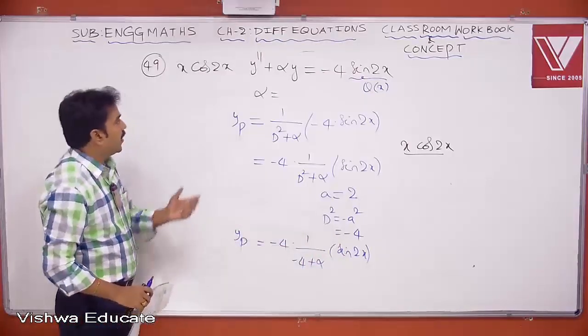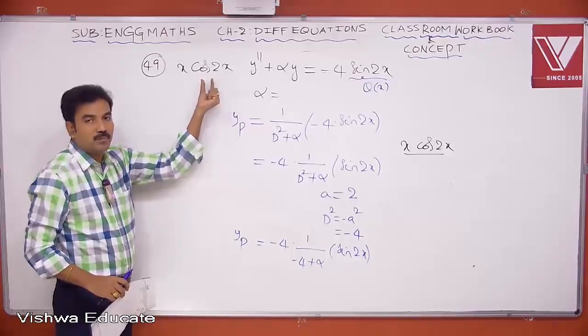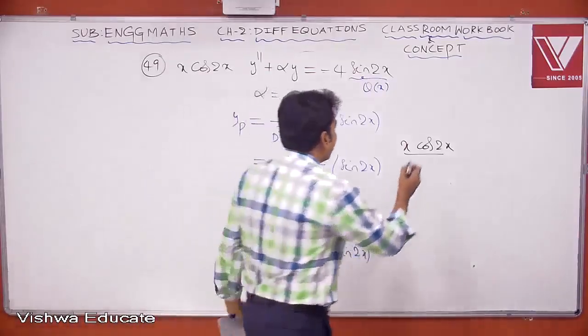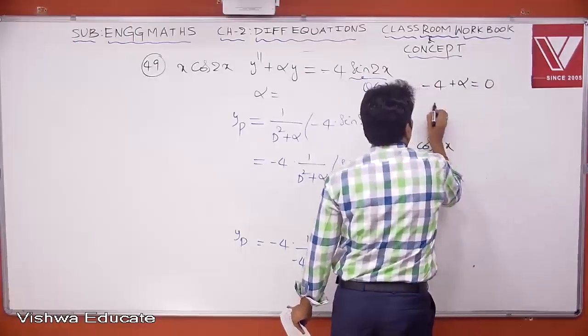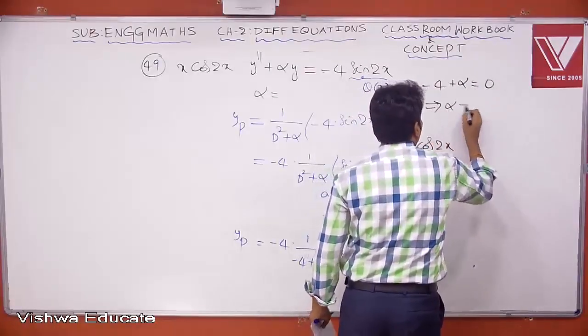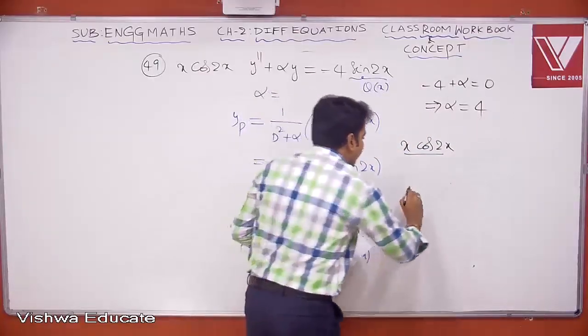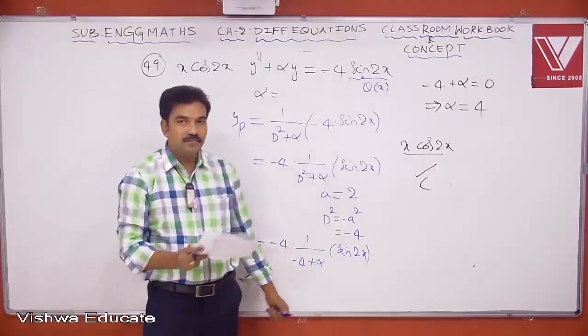But in spite of that, the particular integral is a variable multiple of cos 2x. That is possible only when the denominator is 0. Therefore, minus 4 plus alpha must be equal to 0, which implies the value of alpha is 4. So the answer is alpha equals 4. Option C is the right answer. Write down this.